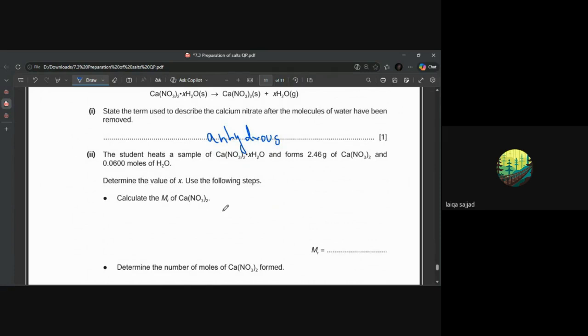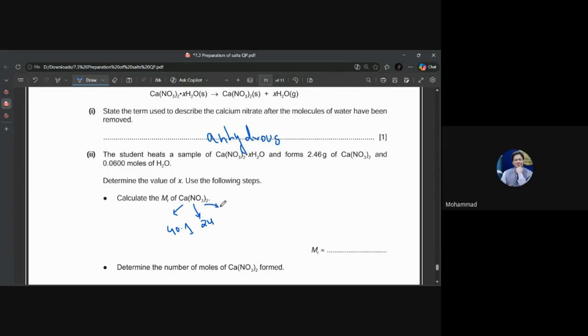For calcium, we have only one atom, and the molar mass is 40.1. For nitrogen, it's 14, but we have two, so it would give you 28. And for oxygen, it's 16, so 16 times 3 would give you 48.